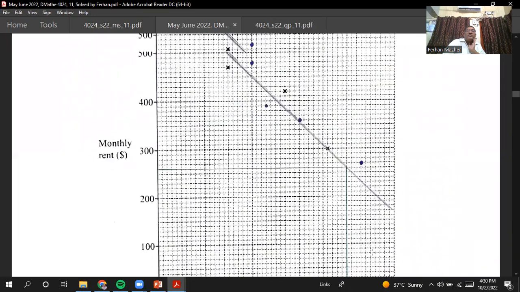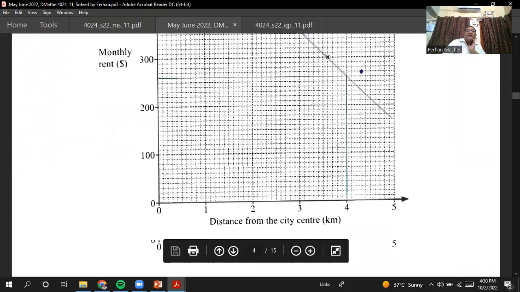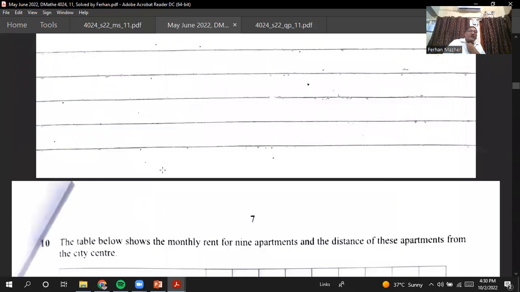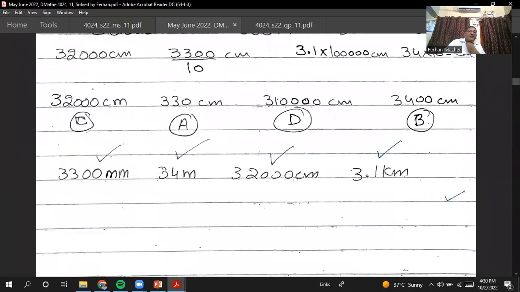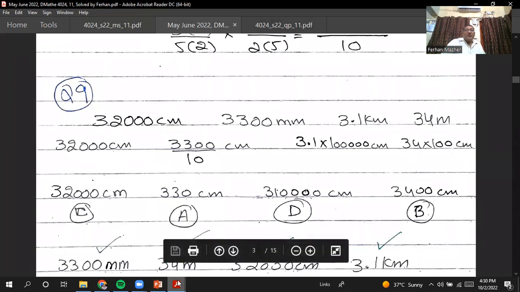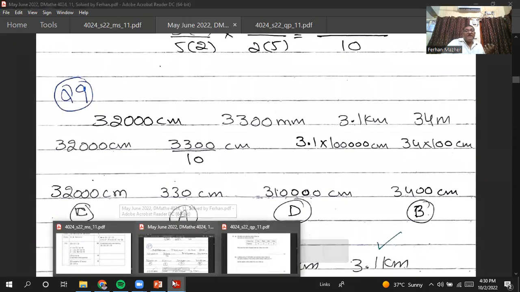So from the 4 kilometers, from here, I go up and check what is the value, and that value is 260. So I was doubtful. Yeah, this question for sure we have done. Okay, so I was doubtful about question number 10 and 11, if I have done them in the video or not.